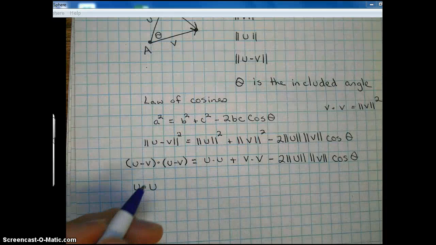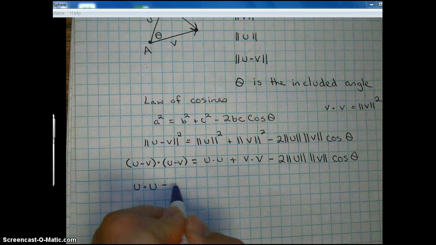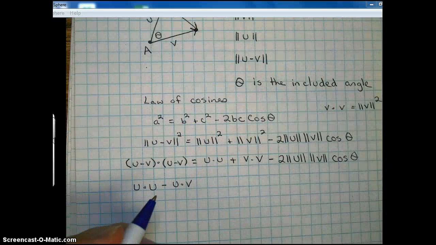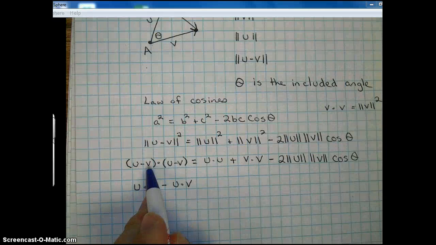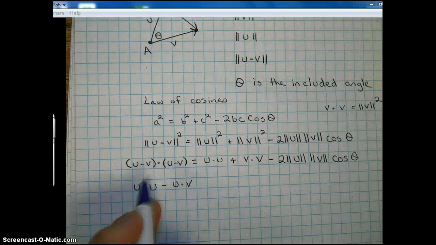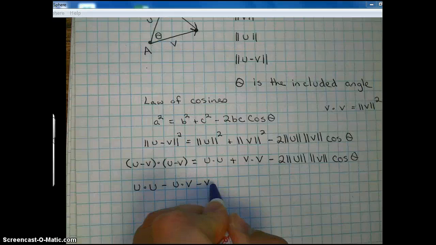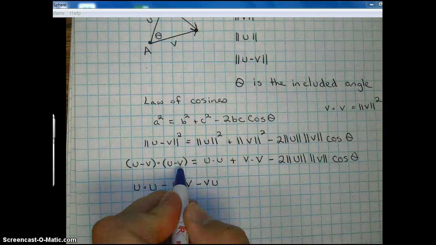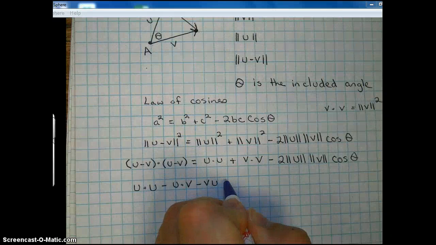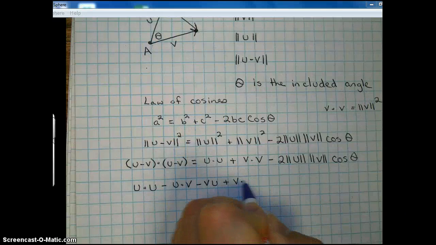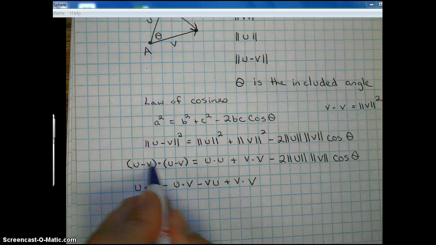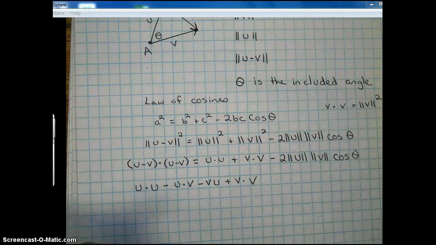So that's going to be minus u times v. And then take the second term, that's going to be negative v times u, so minus v times u. And then negative v times negative v is positive, so it's going to be v times v, because a negative times a negative is a positive. And v times v is right there.